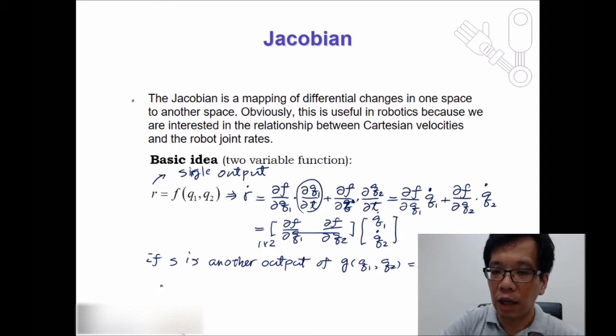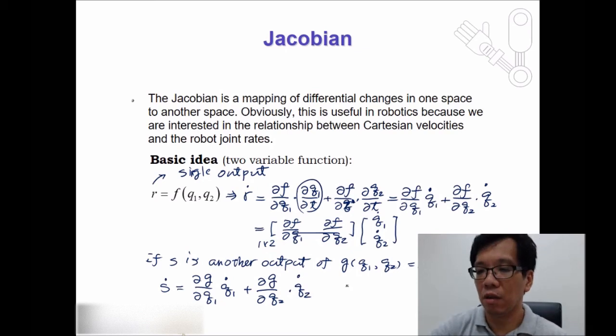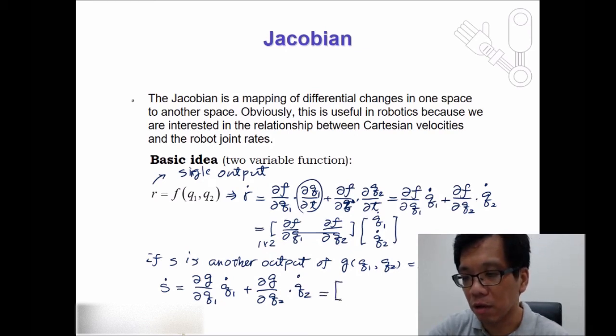Then I can do the same analysis, which is S dot equals partial G, partial q1, q1 dot plus partial G, partial q2, q2 dot. And we can have the same process over here: partial G, partial q1, partial G, partial q2, times q1 dot, q2 dot.